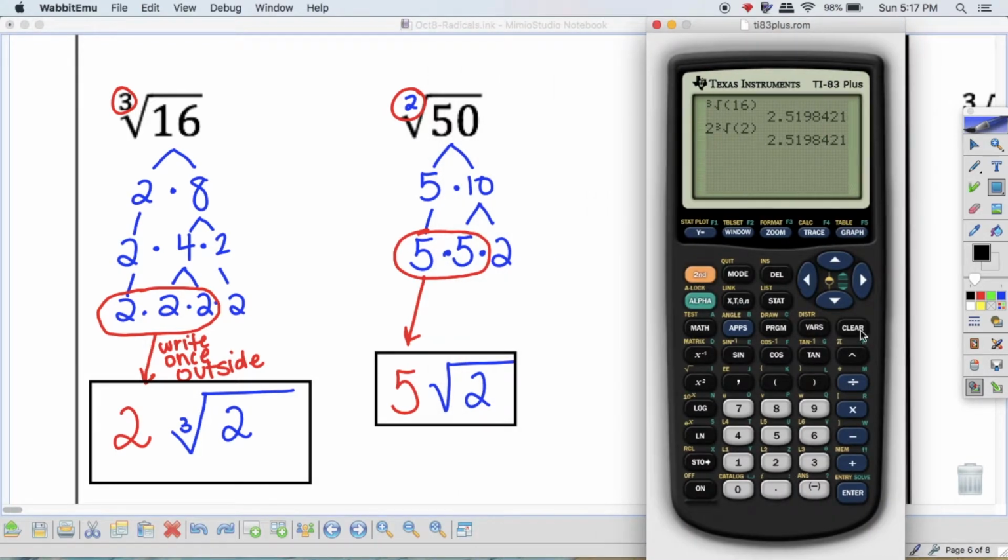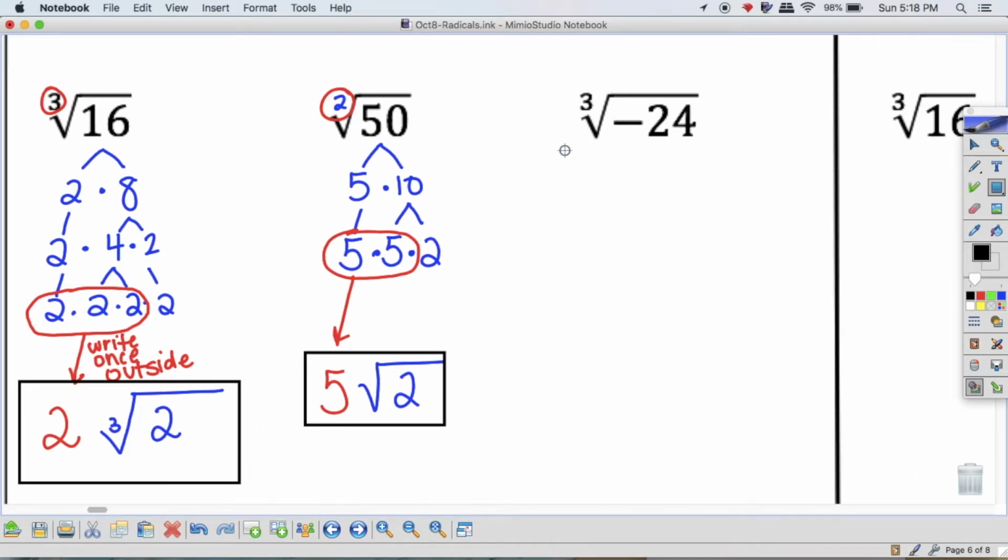So for example, if we take the square root of 50, it should give us the same thing as 5 times the square root of 2, but in a more simplified version. They're the same. Neither of them are perfect squares, so that's why we get this ugly decimal, but this is considered simplified. All right, let's try one more.